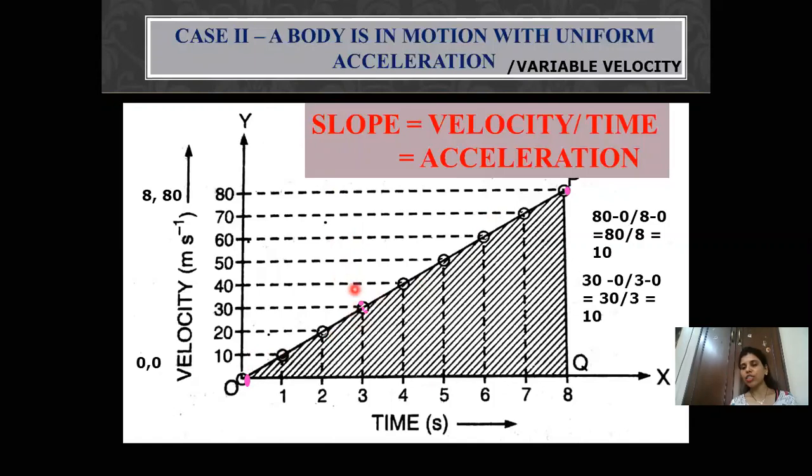The acceleration due to gravity, that is the value of g, is constant. It is 10 meter per second square or 9.8 meter per second square. That means acceleration is constant. So if acceleration is constant, the velocity is changing, is variable, but as acceleration is constant, you can represent it with this particular graph.